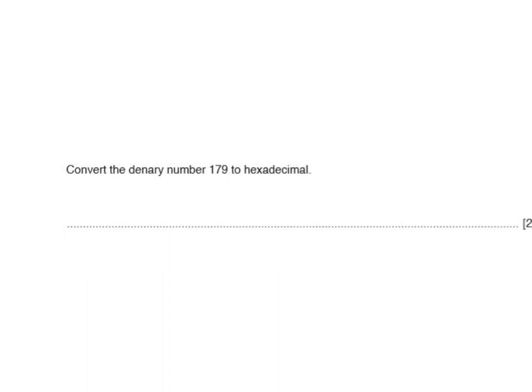Same question we've had a few times, so hopefully you just take a minute to do that. Convert the identity number 179 to hexadecimal, so we need to get our 1, 2, 4, 8, 16, 32, 64, 128 grid written out.